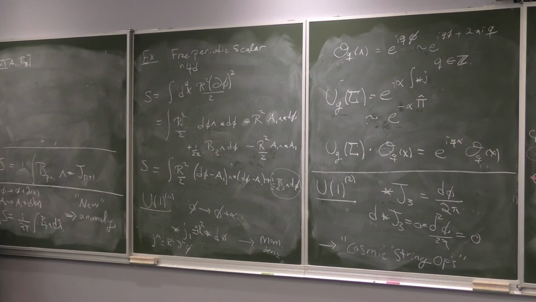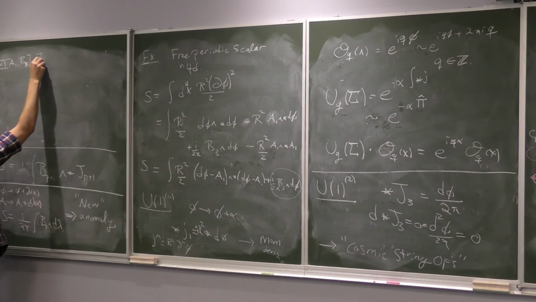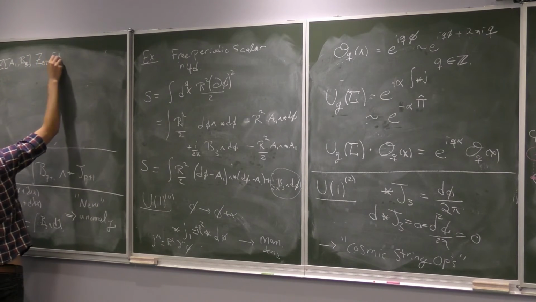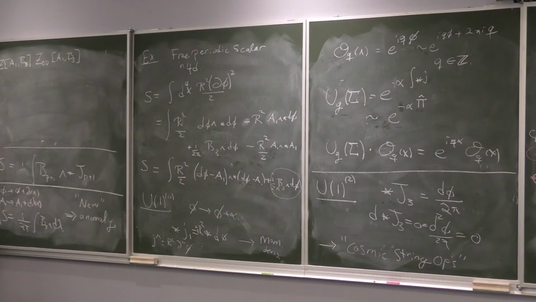The way we said you can match this anomaly, showing that it is matched between the UV theory and the IR theory, is we can improve it by adding a 5D term which is dependent on A1 and B3. This total combination is gauge invariant, and since the 5D theory is scale invariant, this entire theory is invariant.